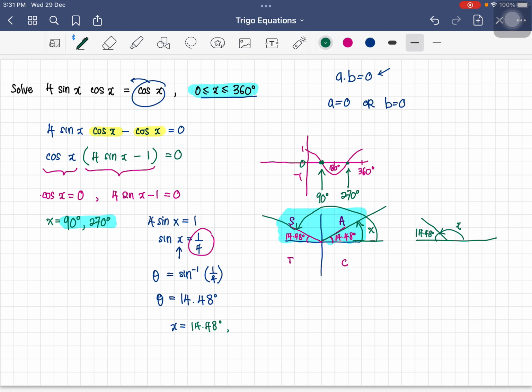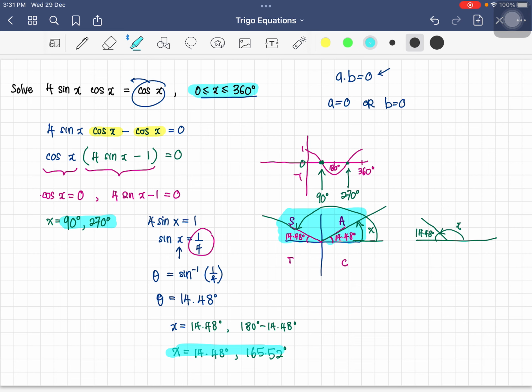So to get the value of x, 180 degrees minus 14.48 degrees. Therefore, we solve this one and we get two values: 14.48 degrees, and another one, 180 minus 14.48, which gives me 165.52 degrees. So we got 4 answers for the solutions.